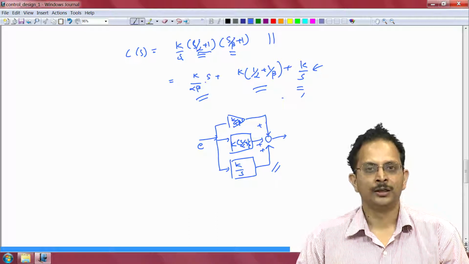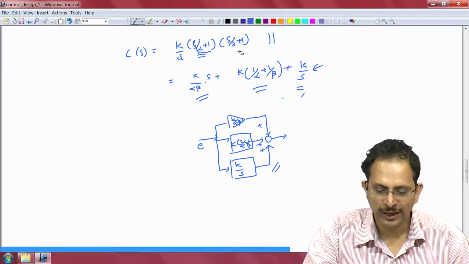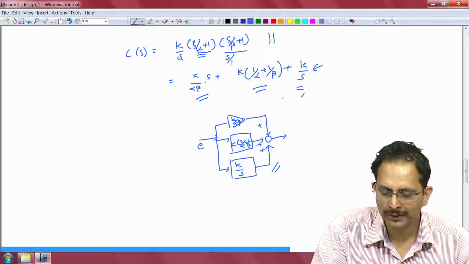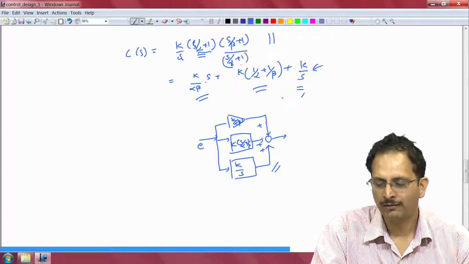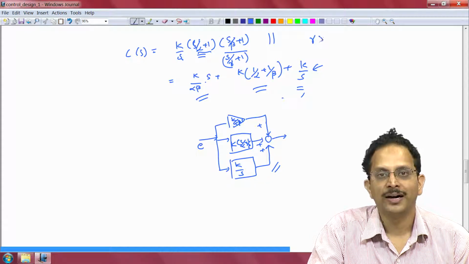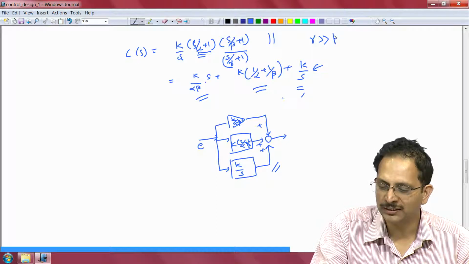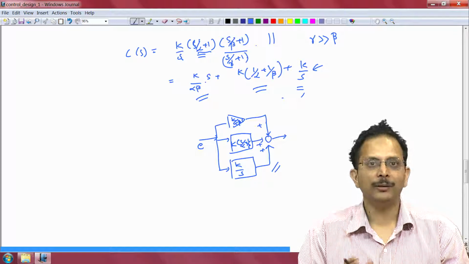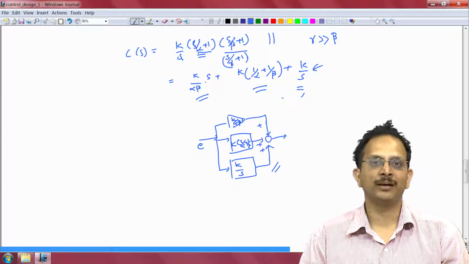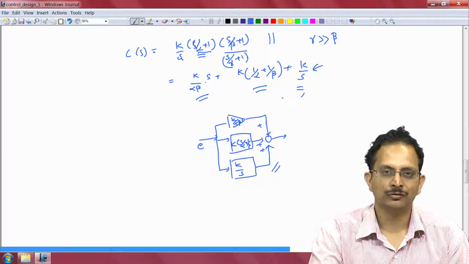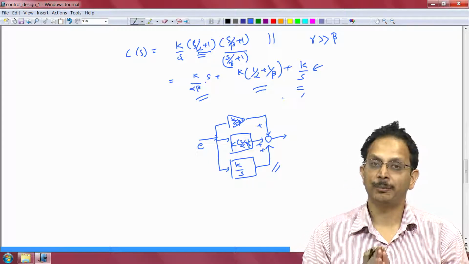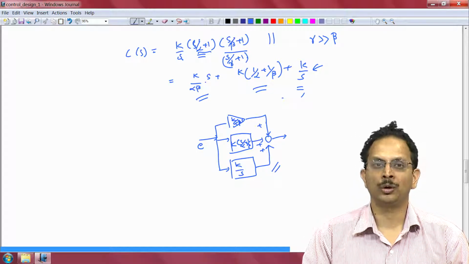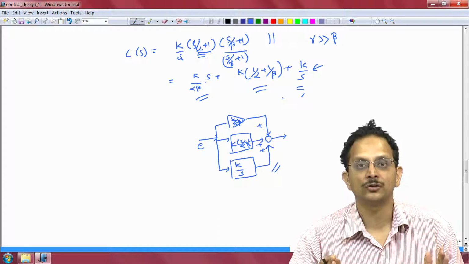So what is done to avoid this issue is to cascade this controller with a term of the kind 1 by s by gamma plus 1, where the pole gamma has been added at a frequency much greater than beta. This term has been added primarily because we want to have a causal implementation or a causal realization of this controller, otherwise it plays no role whatsoever in terms of improving the performance of this controller in any of the frequency ranges of interest to us.